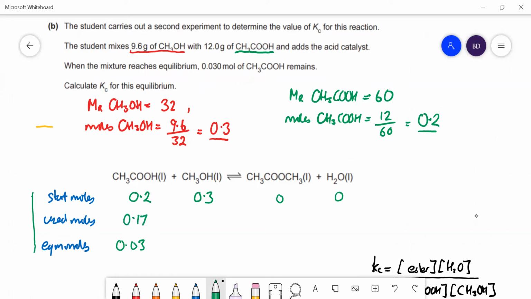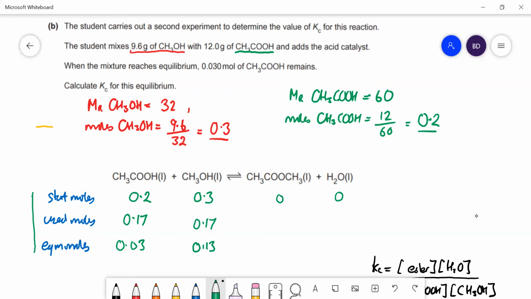Now, if we've used up 0.17 of that, we must have also used up 0.17 of the methanol. So how much methanol have we got left over? We have got 3 minus that, which is going to be 0.13.